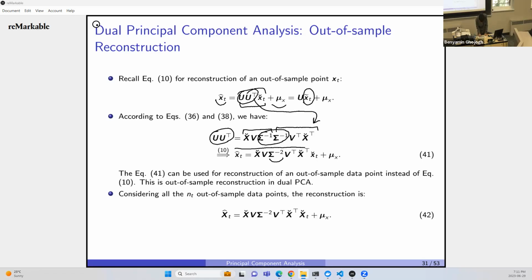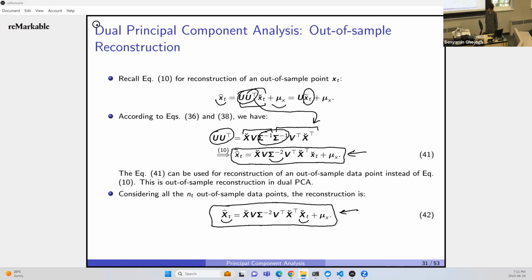So this is reconstruction of out of sample data in dual PCA. We can write it also for several out of sample points as a matrix, and its reconstruction becomes a matrix. So this is for one point, and this is for several points, right?